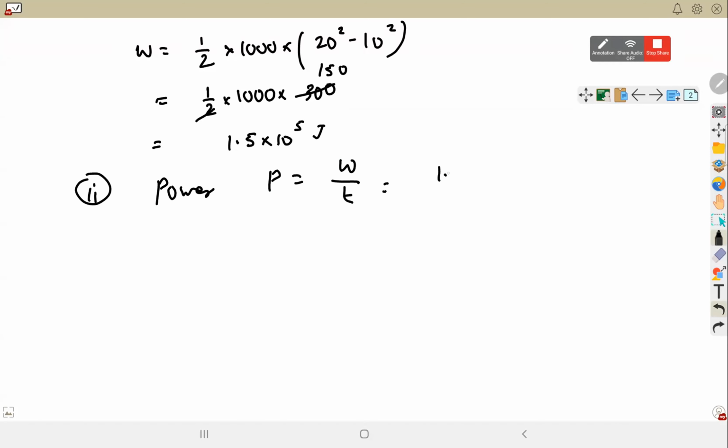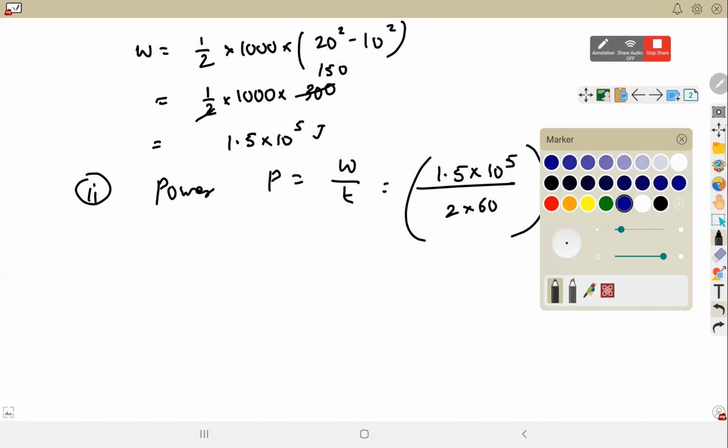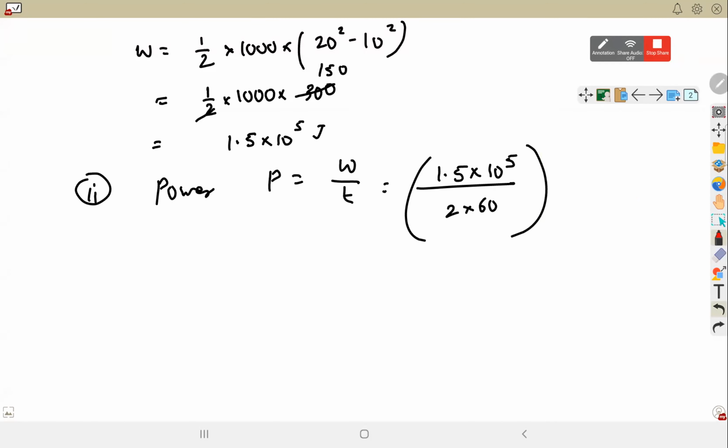Convert that into seconds: 1.5 into 10 to the power 5 divided by 2 into 60. Done? Right. Question number 18 is done.